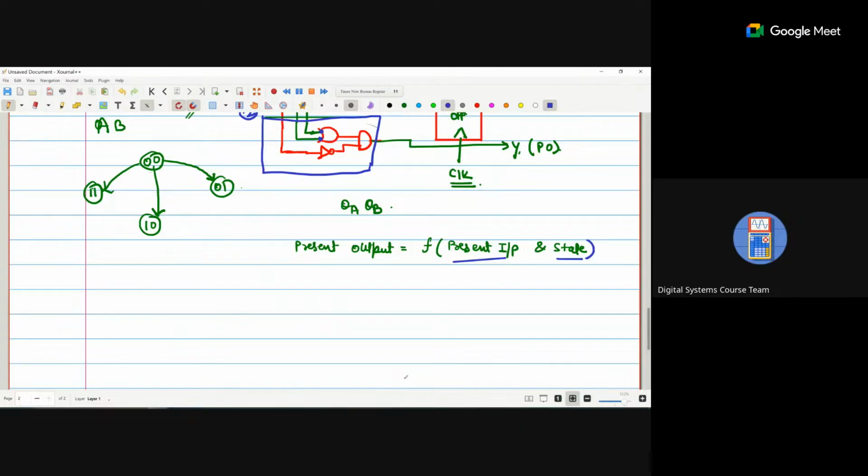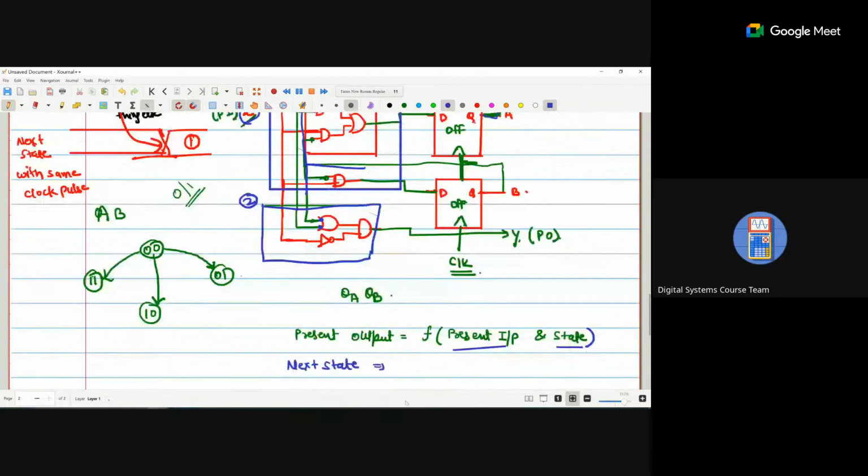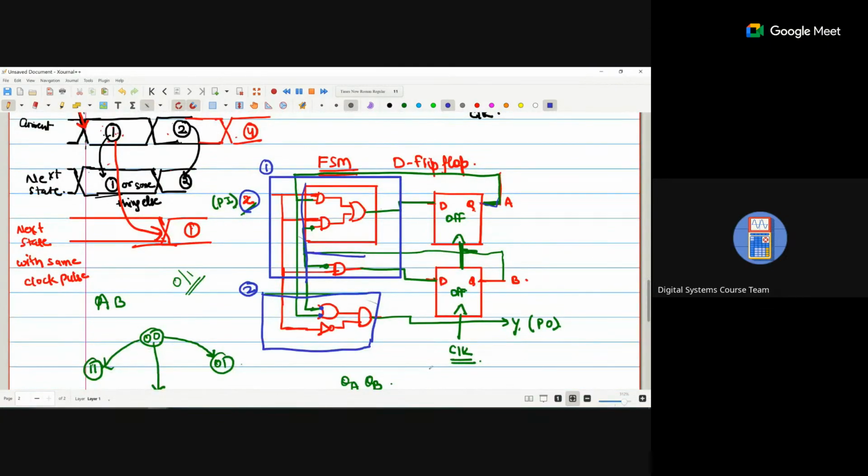Similarly, where are we getting the next state? With a D flip-flop. And where are we getting the input for the D flip-flop? From here and from here.